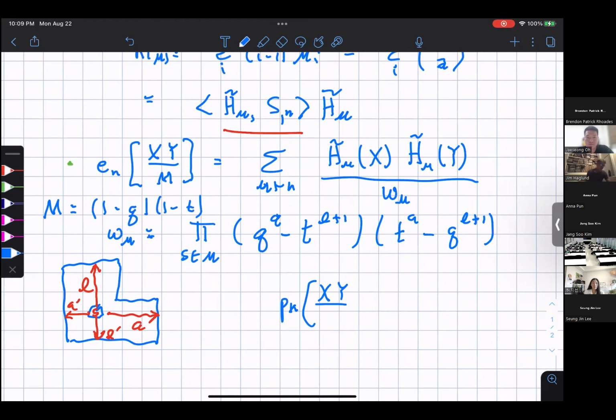Okay, (1 minus q)(1 minus t). And p_k of these square brackets indicate plethystic substitution. The plethystic substitution of XY over M into p_k is defined as p_k of X, and p_k is the kth power sum.